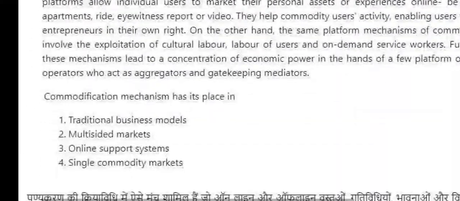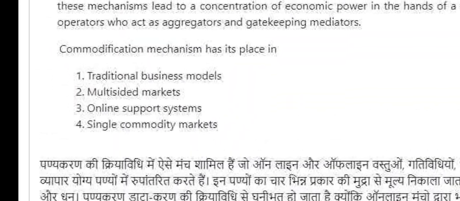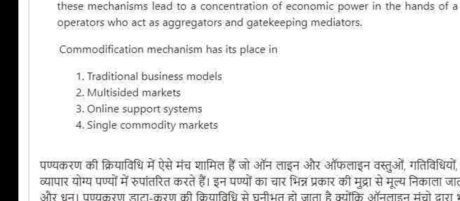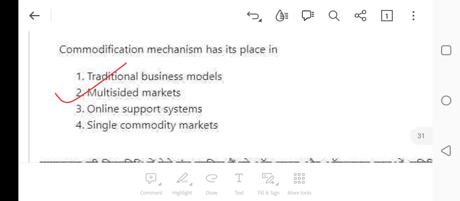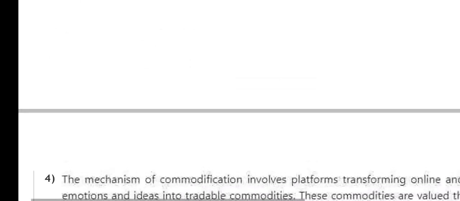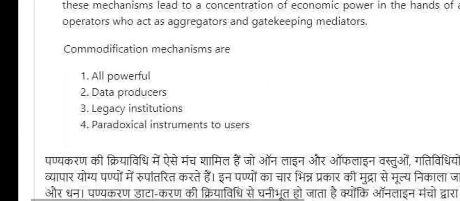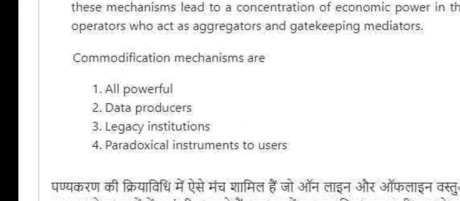Next is saying, commodification mechanisms have their place in what? Traditional business models, multi-sided markets, online support systems, single commodity markets. So it will be multi-sided markets. Next, commodification mechanisms are what?